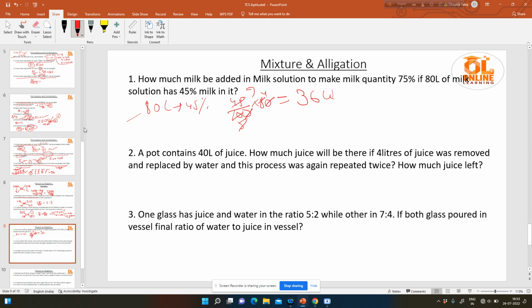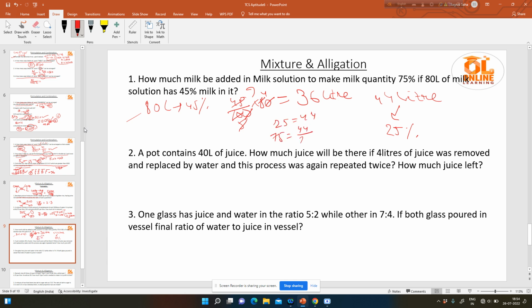So we have 36 liters of milk. So how much water? We have 44 liters of water. So we have to make a solution where we will have 75% milk. So 75% milk means the 44 liters of water should be equal to 25%. So if 25% is equal to 44, then how much would 75% be equal to?